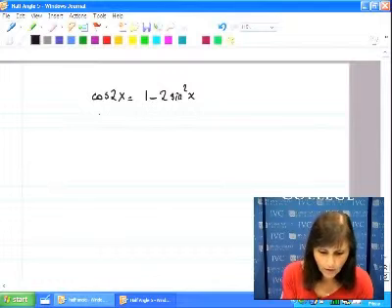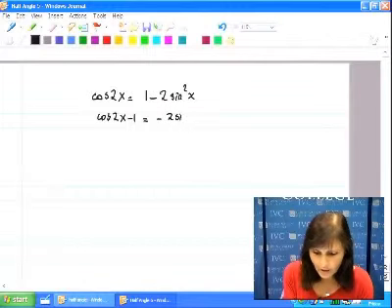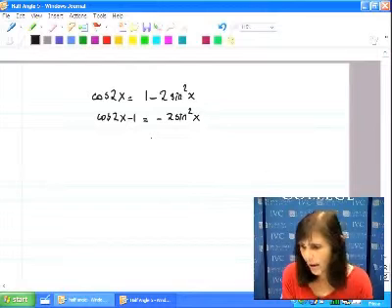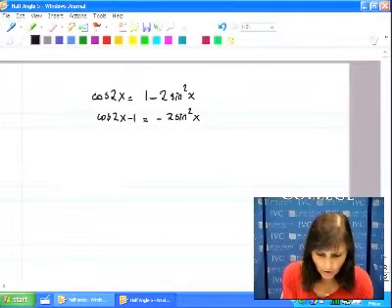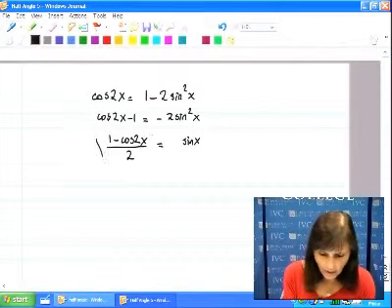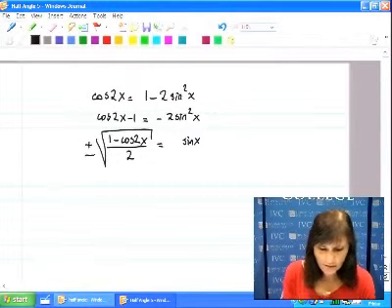So you get cosine 2x minus 1 equals negative 2 sine squared x. Then divide by negative 2, and you get 1 minus cosine 2x over 2 equals sine squared x. Then when you take the square root of both sides, you're going to have a plus and minus.